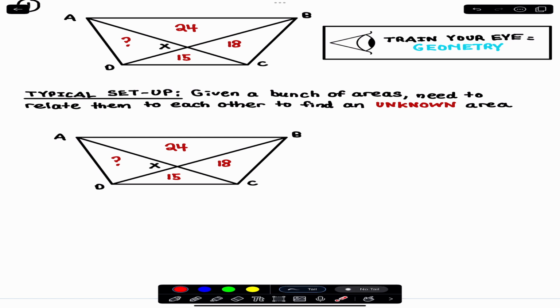Now, as I said before, training your eye is basically the essence of geometry, which is why, in my mind's eye at least, when I see this first problem, I immediately see two shapes. I see two triangles. And I just drew them right over there. So there's this triangle, triangle ABC, on the right side of the diagram, and this triangle, triangle ACD, on the left side. Let's focus on the right side first.